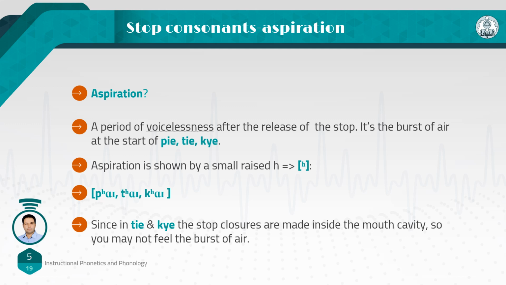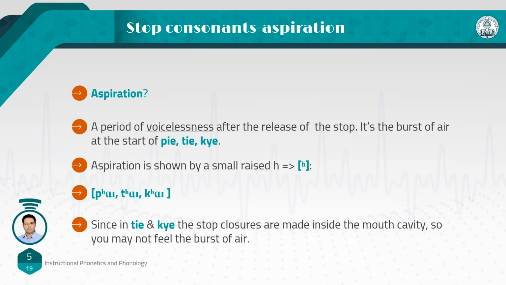Compare it with pie and buy. Here in tie and kai, stop closures are made inside the mouth, so we can't feel it. As you can see in this slide, both stop consonants are essentially voiceless. In pie, after the release of the lip closure, there is a moment of aspiration.